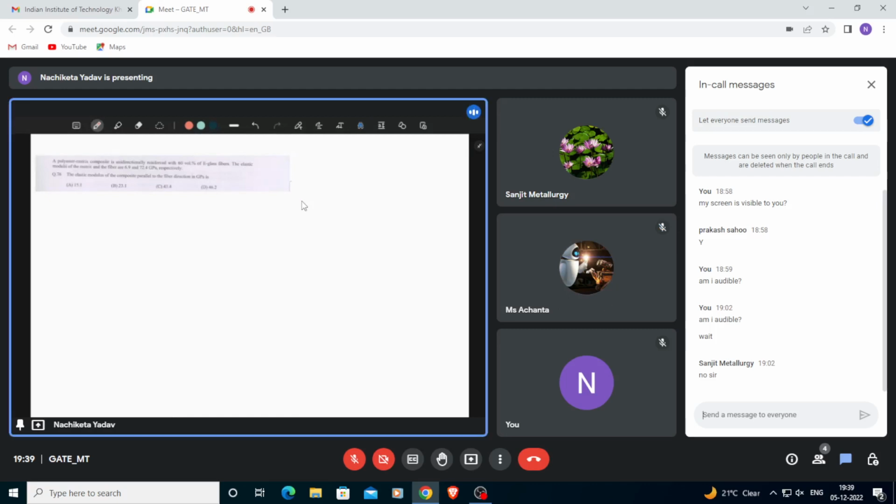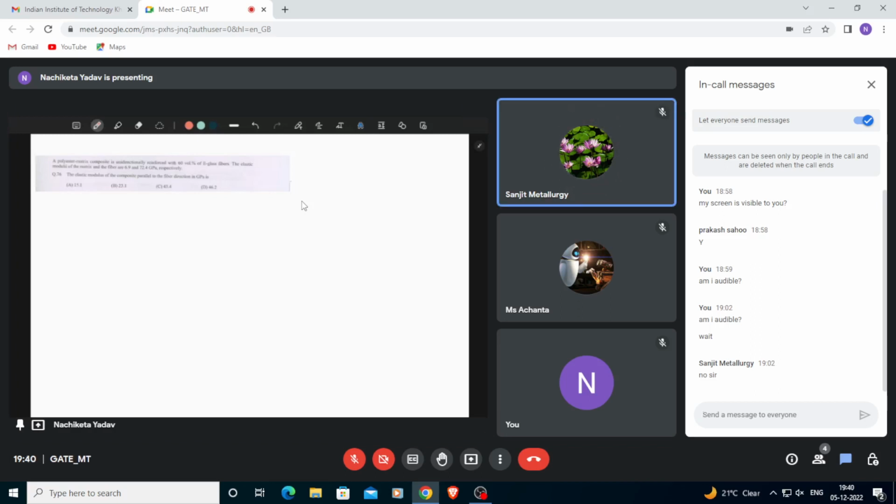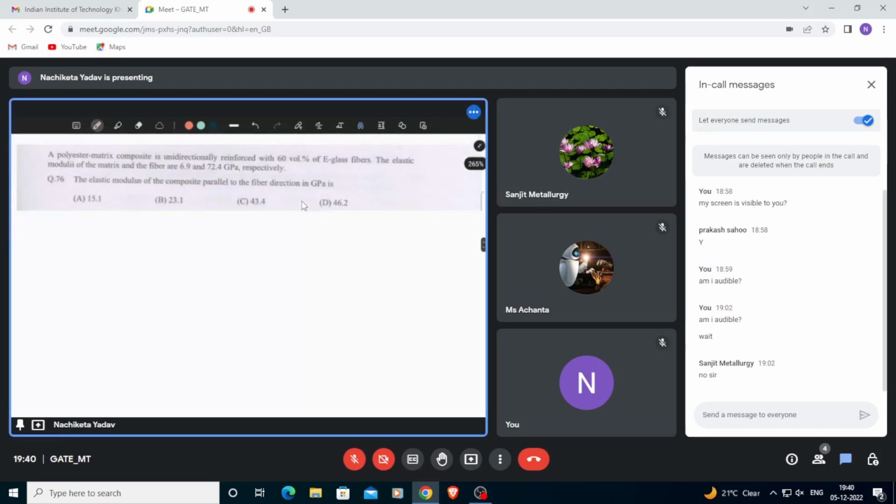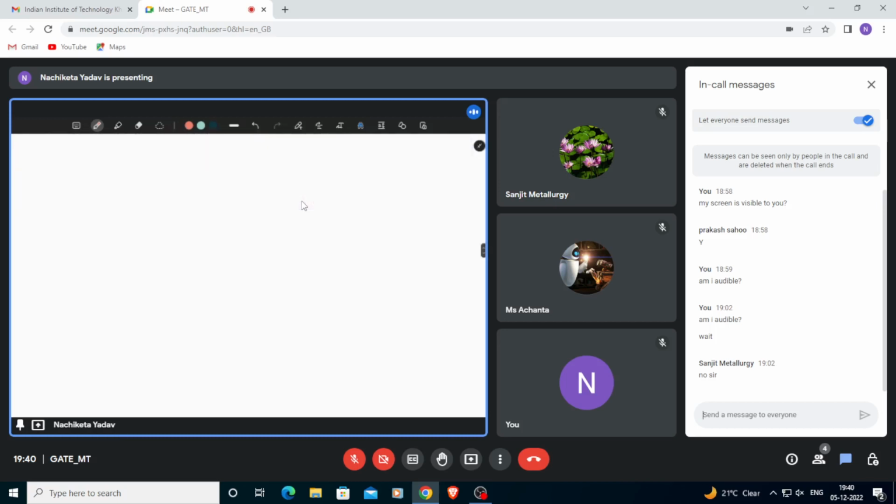Can you solve this question? What will be the elastic modulus of the composite parallel to fiber direction? This question is important.